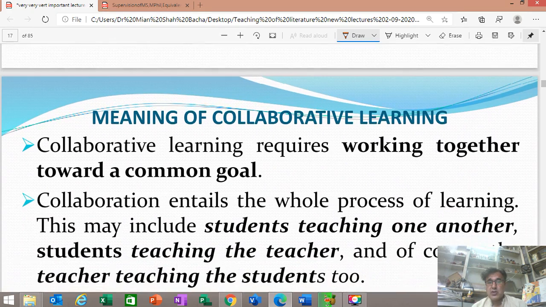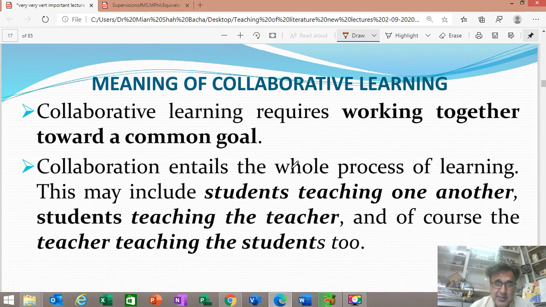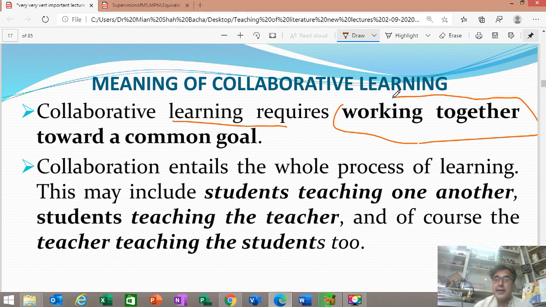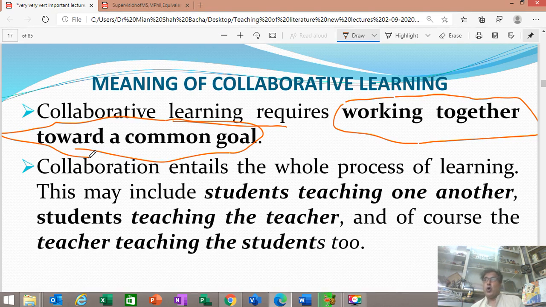So let me tell you the meaning of collaborative learning. Collaborative learning requires, remember, working together, we can say togetherness, toward a common goal. For example, the teacher gives a task, and all the students and participants get engaged together.